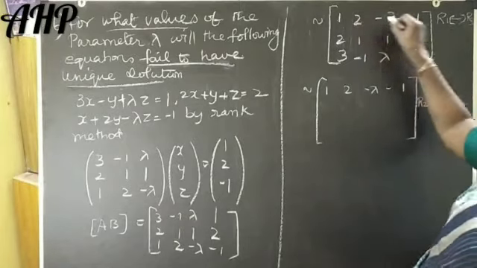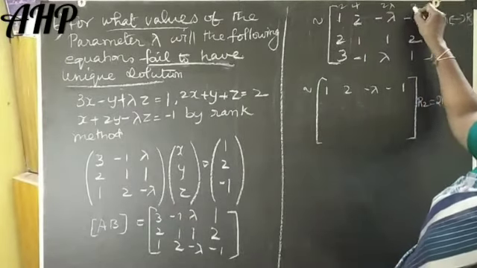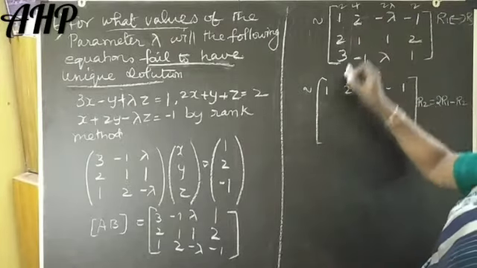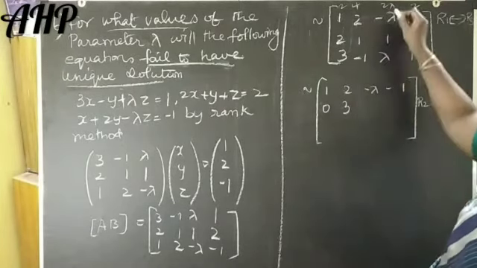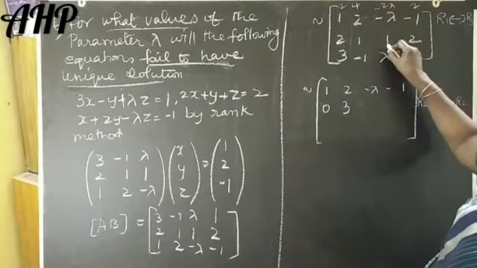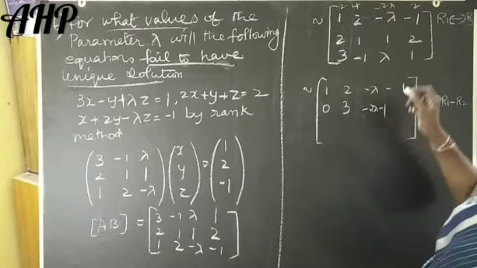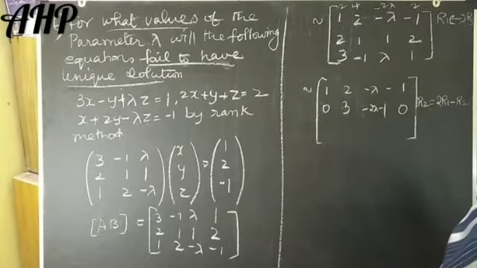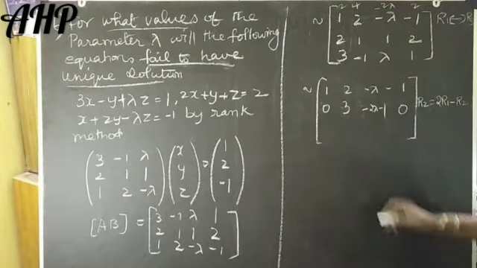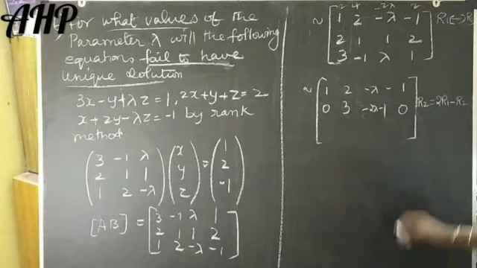So multiply this row by 2, you get 2, 4, minus 2 lambda, minus 2. So 2 minus 2 gives you 0, 4 minus 1 gives you 3, minus 2 lambda minus 1 gives you minus 2 lambda minus 1, then minus 2 minus 2 gives you 0. Next our aim is to make the first element of the third row to be 0.